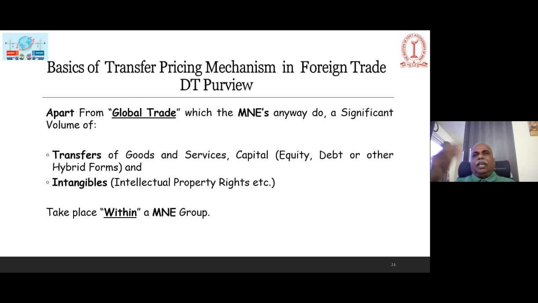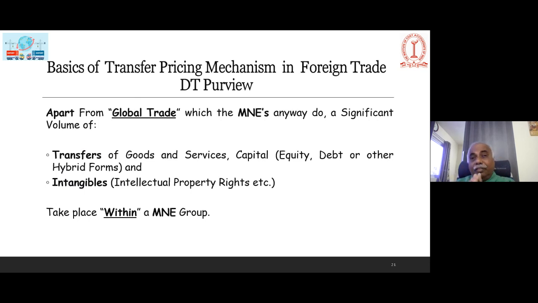So many things move from one country to another. And intangibles, particularly intellectual property rights, are developed in one country and used by another country at a low cost, thereby enjoying a tax benefit, all within a multinational group. All these things are happening.